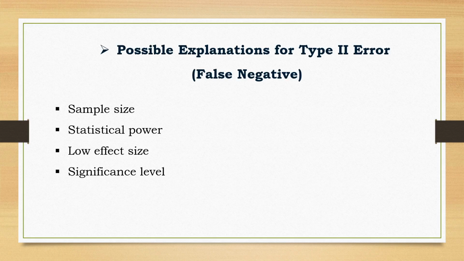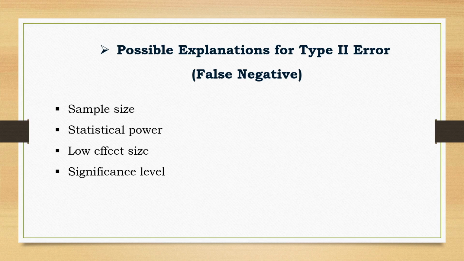What could have been the possible explanations for type 2 error in directional hypothesis? Number one, sample size. A small sample may not be representative of the population, making it more difficult to detect a real effect. Number two, statistical power.